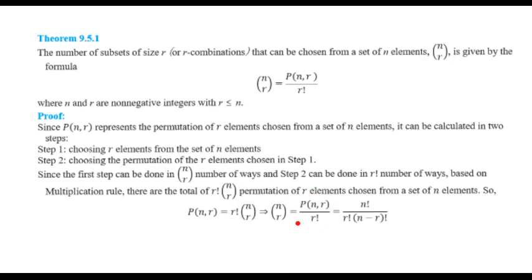And if you replace P of n and R with its equivalent value that we obtained in previous slides, you'll reach this quotient. In the numerator we have n factorial, and in the denominator we have R factorial times n minus R factorial.